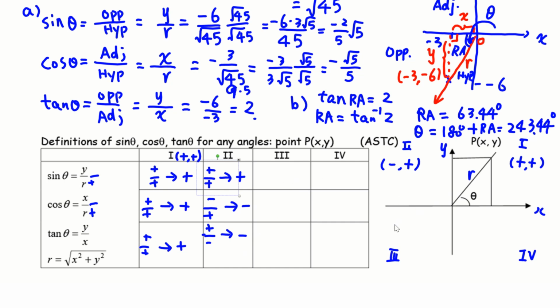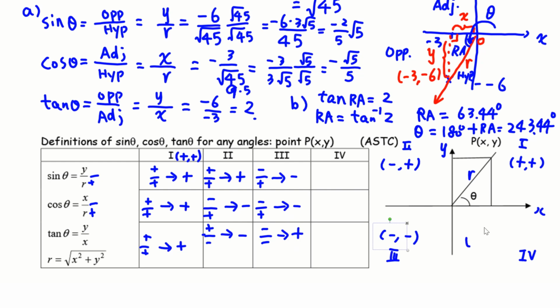Then we are going to see the third quadrant. In the third quadrant, x is negative, y is negative, so both negative. So y over r, negative divided by positive r, is negative. x is negative, r is positive, gives you negative. Y over x, both the x and y coordinates are negative, same sign, gives you positive.